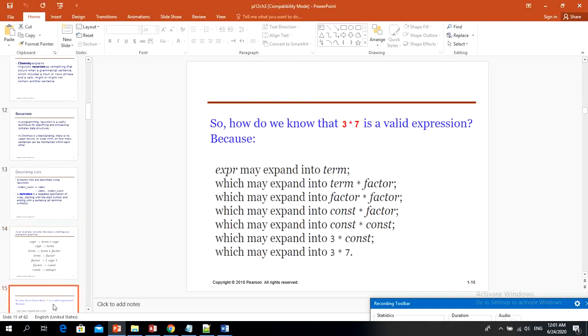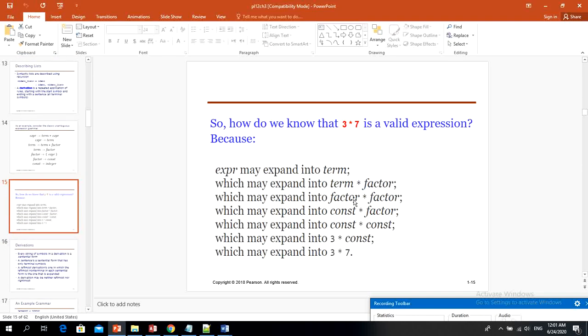I'm going to give you a rule here. For example, how do we know that this 3 multiplied by 7 is a valid expression? If we'd like to use our example to prove that 3 multiplied by 7 is actually a valid expression, we can take it step by step.